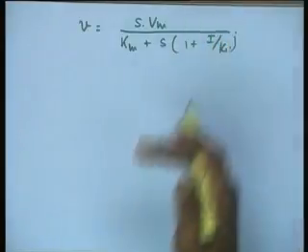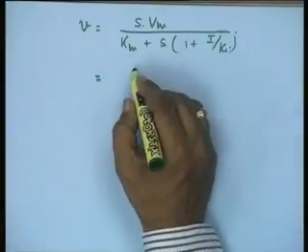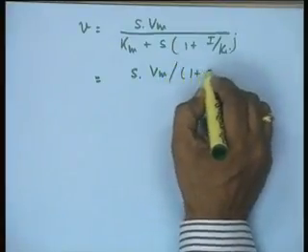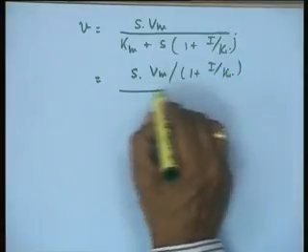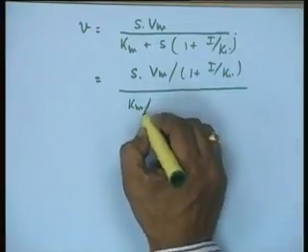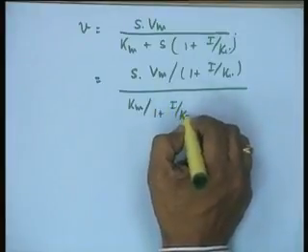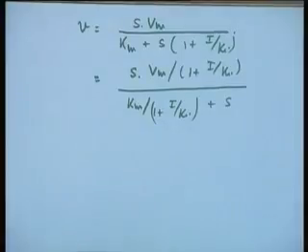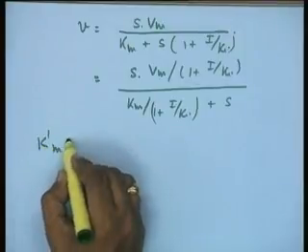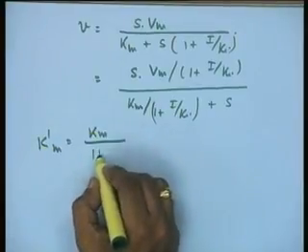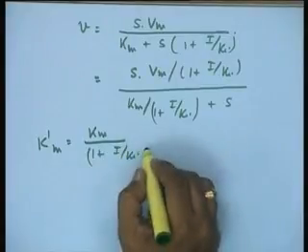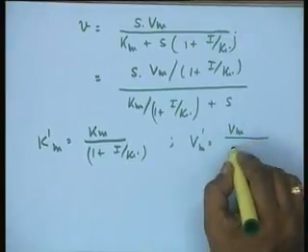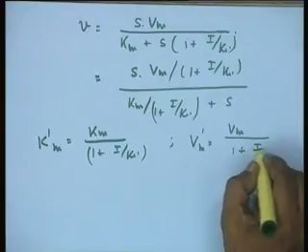Again, to bring it into the same format as the Michaelis-Menten equation, divide both numerator and denominator by 1 plus I over Ki, so the denominator becomes Km upon (1 plus I over Ki) plus S. You notice that both Km and Vm change: K dash m is equal to Km upon 1 plus I over Ki, and V dash m is equal to Vm upon 1 plus I over Ki.